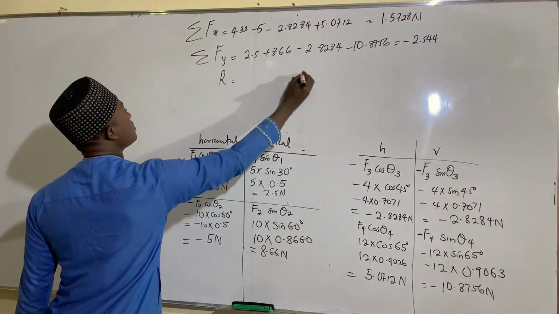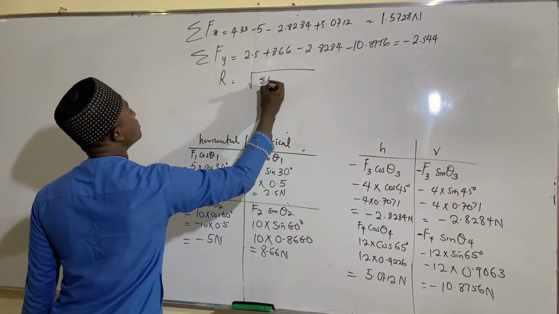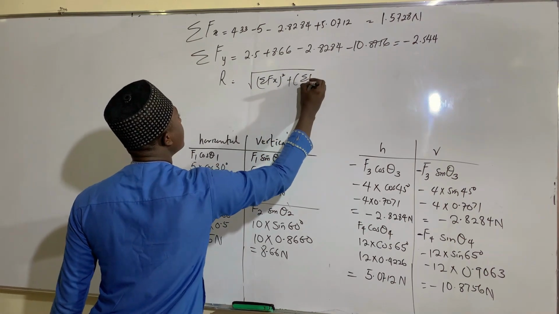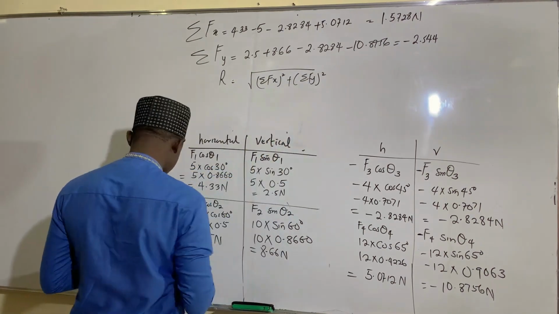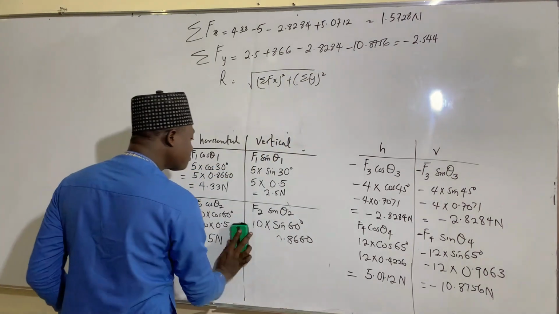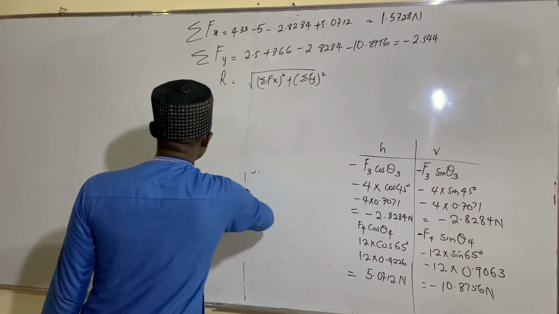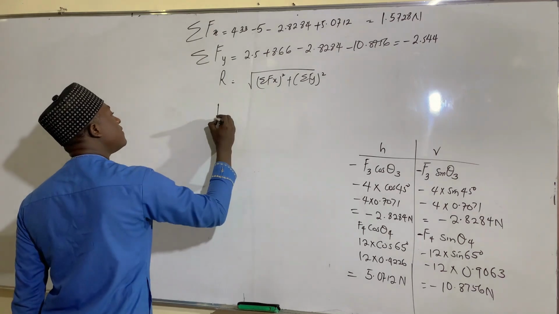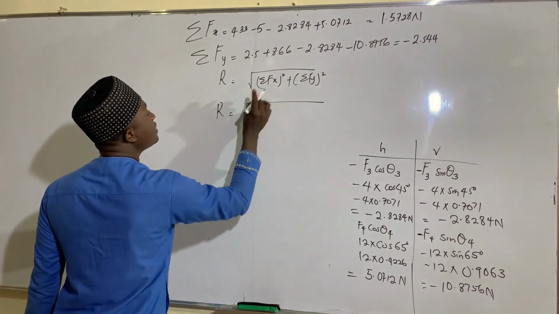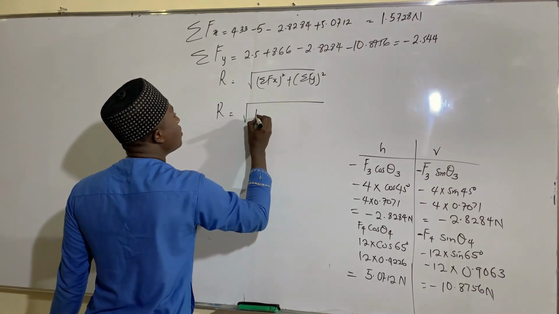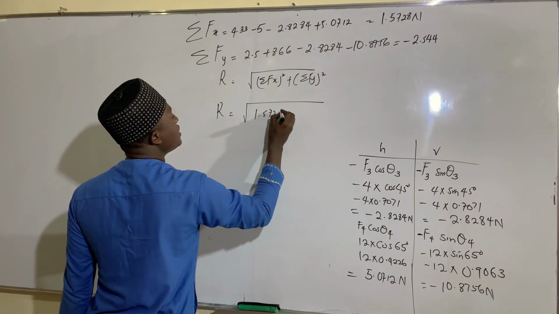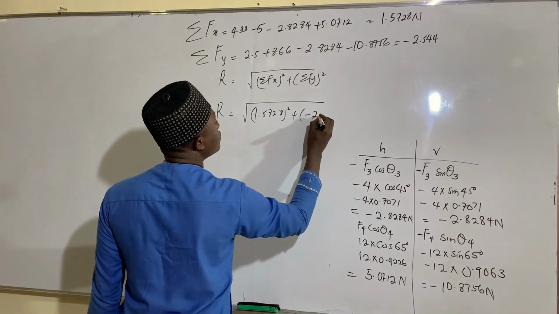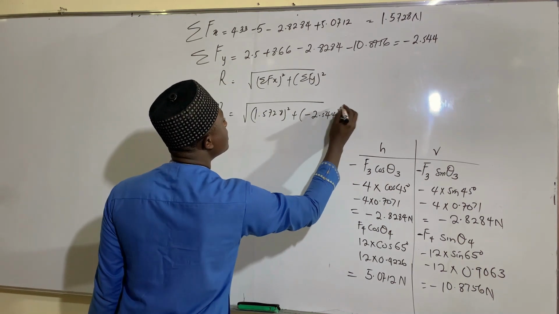As I told you, we derived the formula together. We said the resultant is equal to the square root of summation of Fx all squared plus summation of Fy all squared. So let's check. Summation of Fx is 1.5728 all squared, plus summation of Fy, which is minus 2.544 all squared.